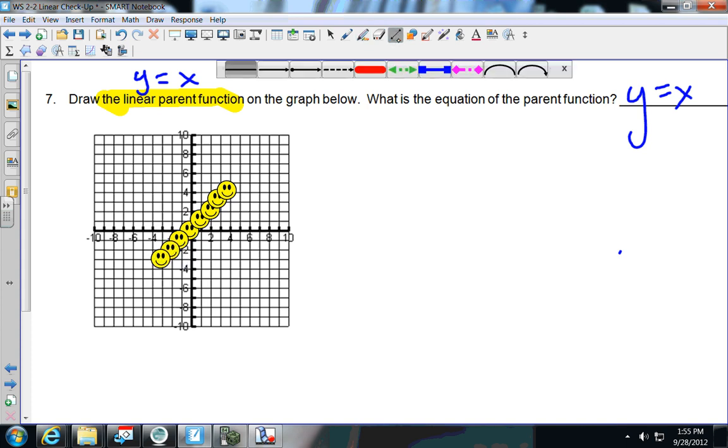Okay, so these are going to make your straight lines. Your linear parent function will look like this. There it is.